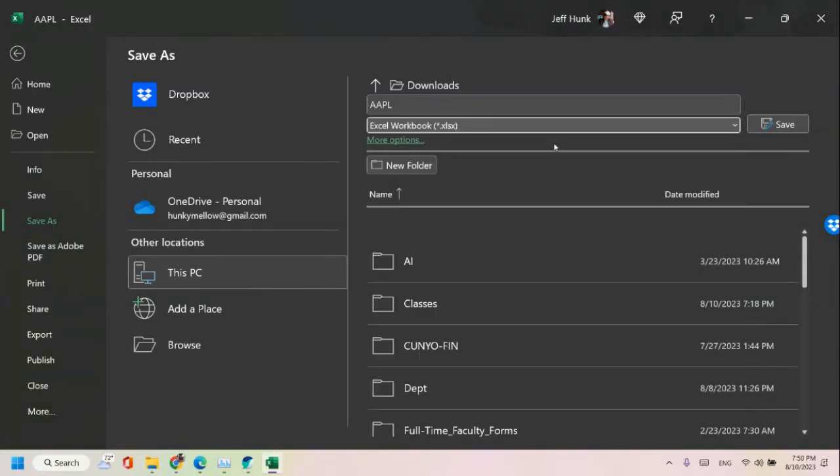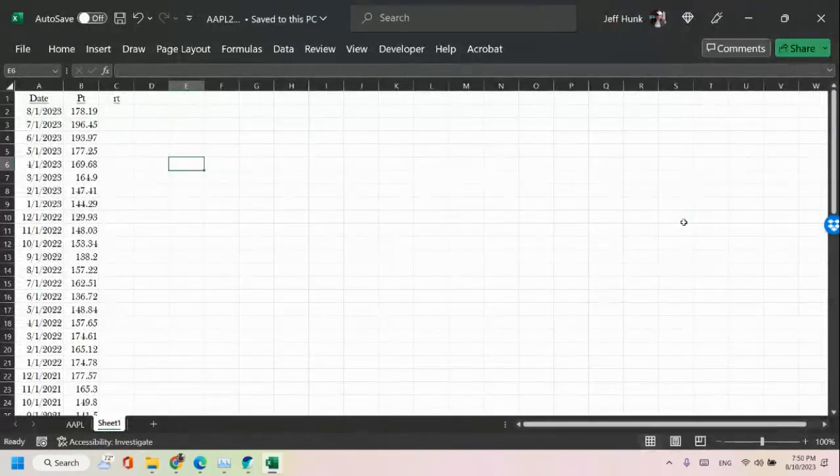So you select Excel workbook, and I will rename it as Excel Apple 23 Summer. You can name it whatever you want, but I'm doing this every semester, so I need to give it some name that will tell when this data was taken.